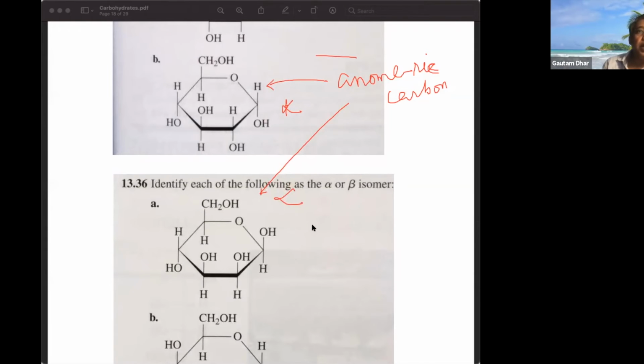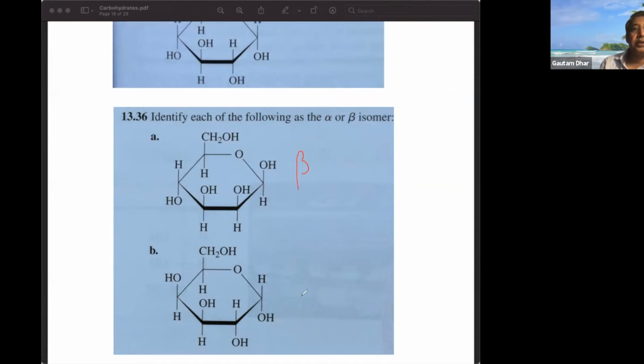This is the next one, and again this is the anomeric carbon, OH pointing up. So this will be the beta. You have to memorize that up and down. This is the beta, and this is the alpha. This is the only thing that you need to do: point out alpha or beta.